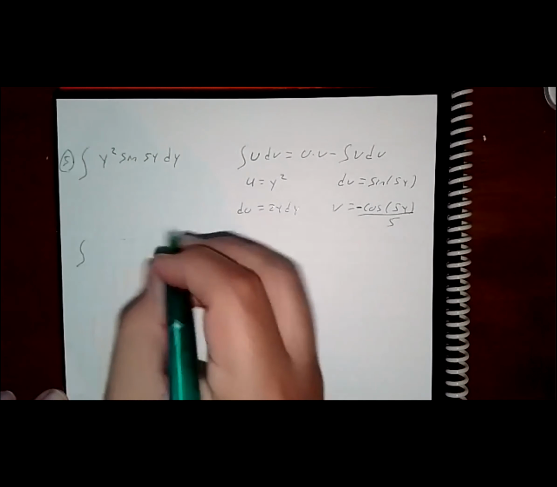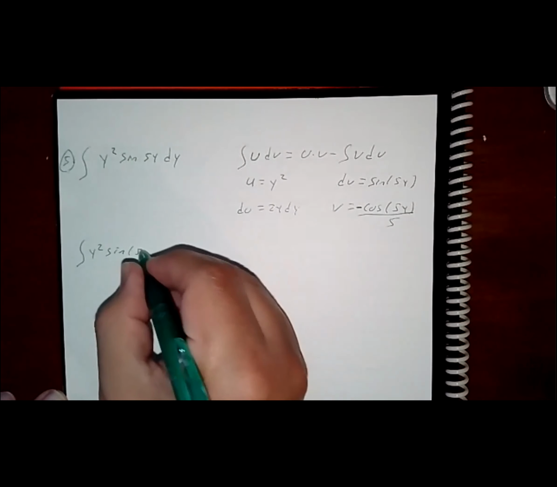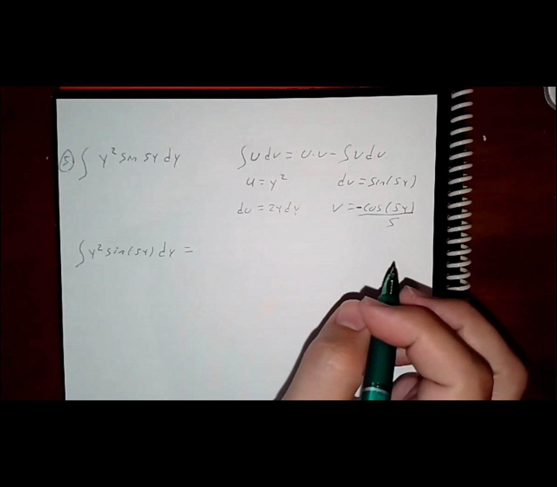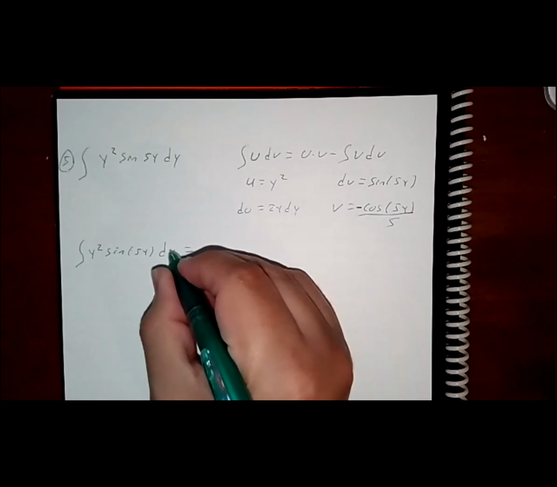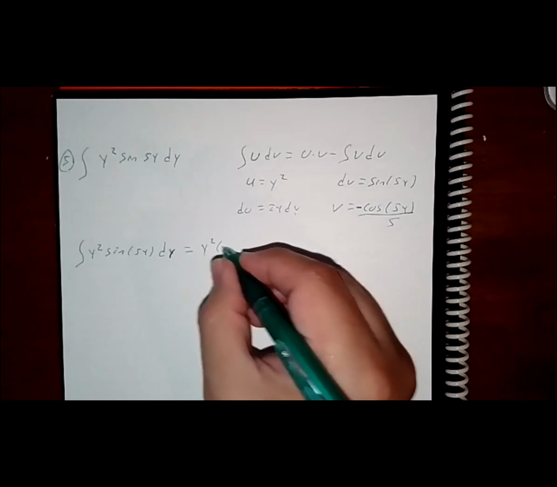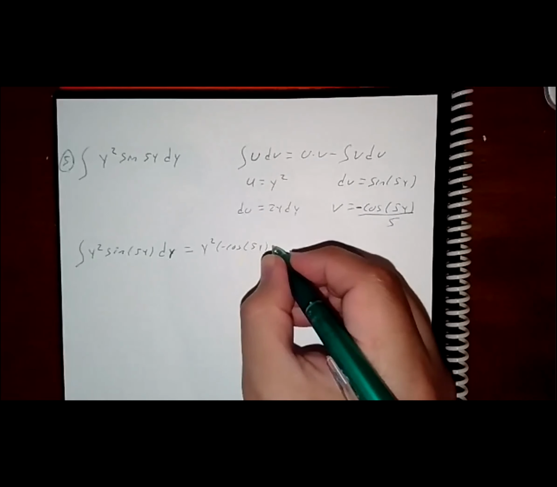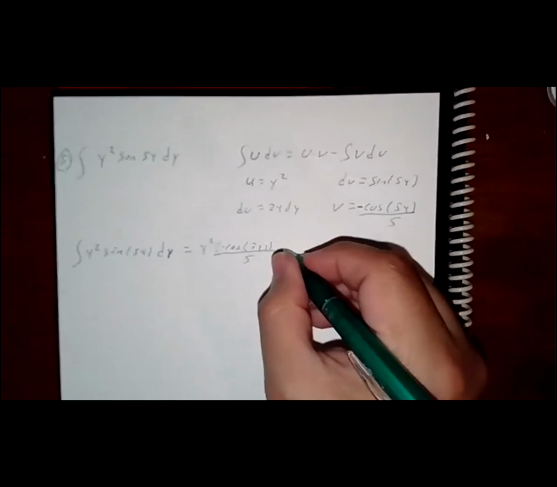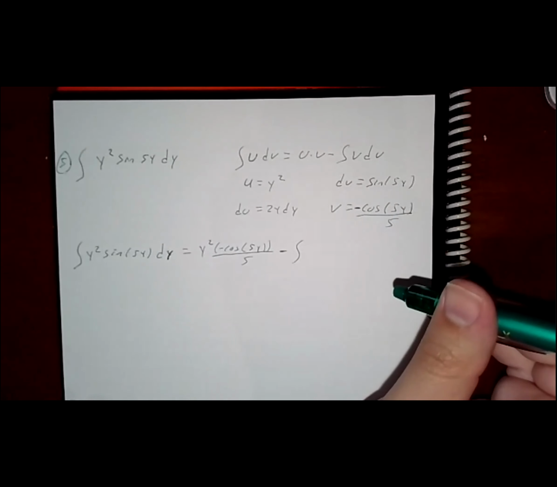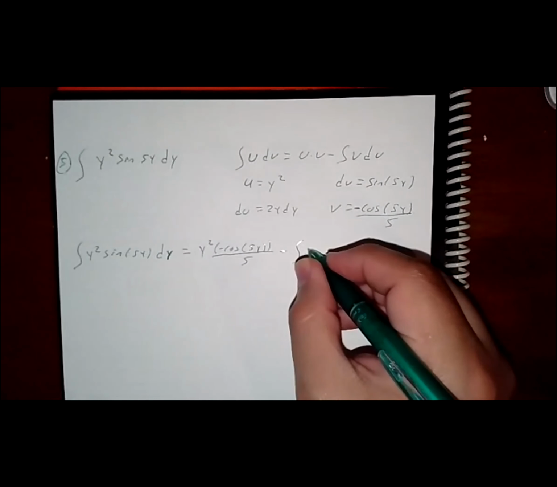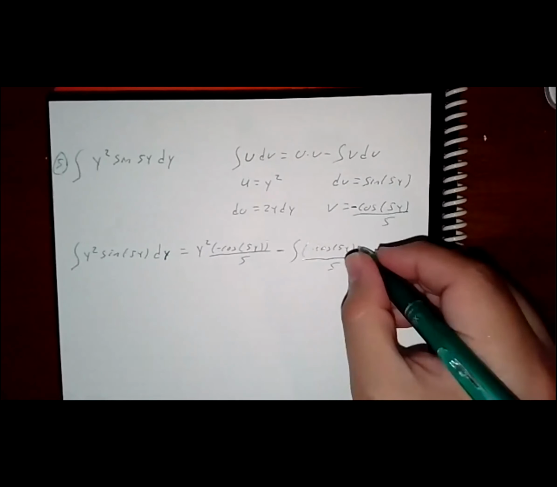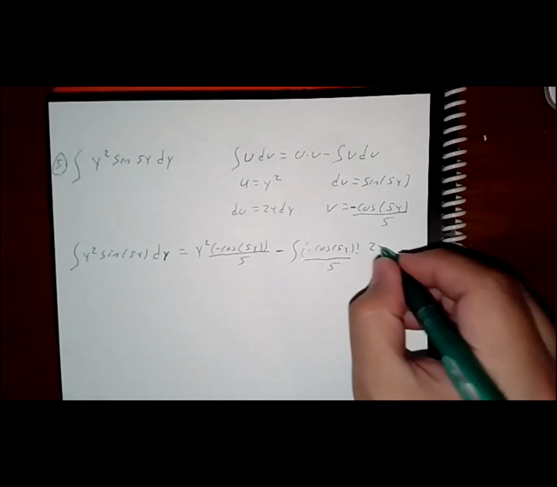So now this will become u times v, so y squared times negative cosine of 5y over 5, minus the integral of v du, which will be negative cosine of 5y over 5 times du, which is 2y.